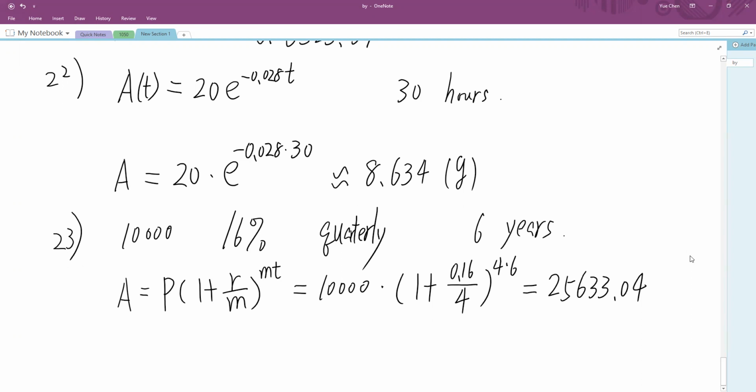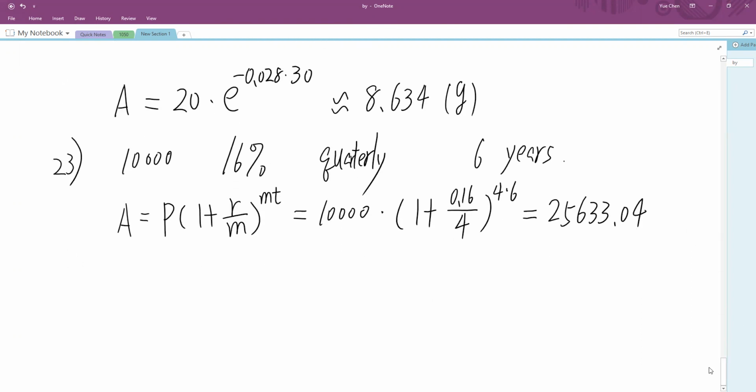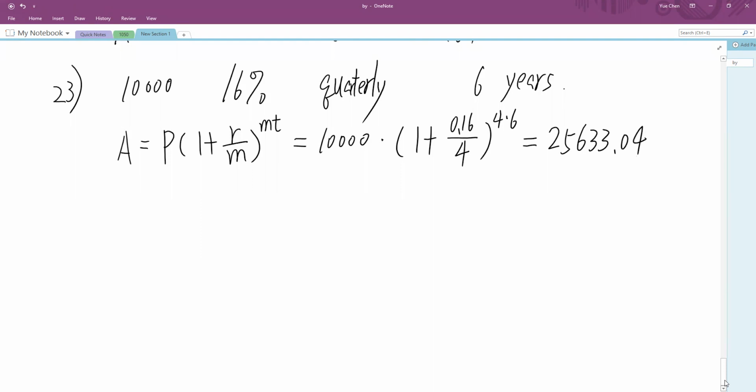24 is a typical exponential equation problem. We have 300 equals 500 times 1 minus e to the negative 0.2t.